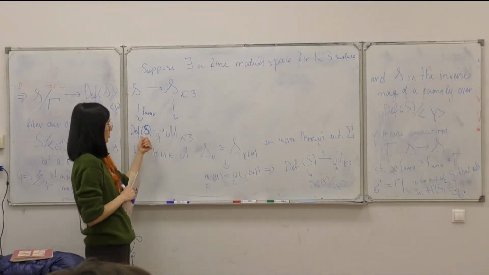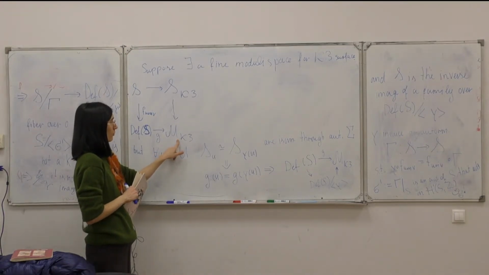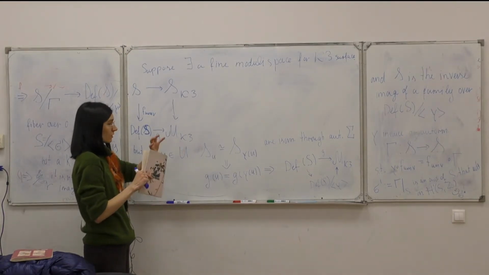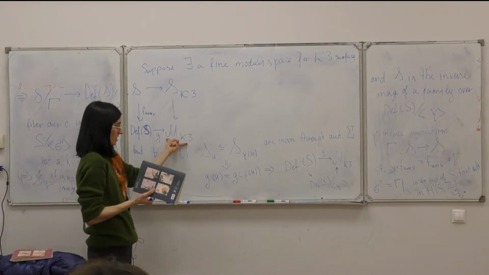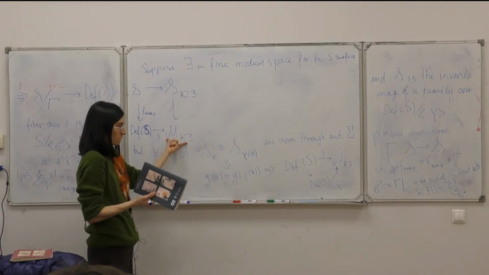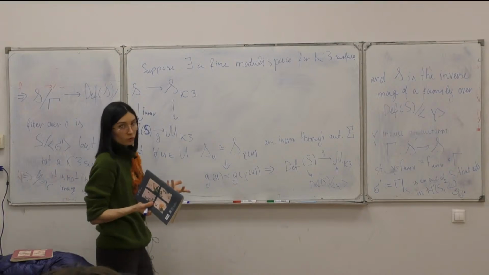The corresponding isotrivial family should give you the same point of M_K3, but if we twist it by an automorphism, then this is a contradiction, because the corresponding family is non-trivial. Okay?